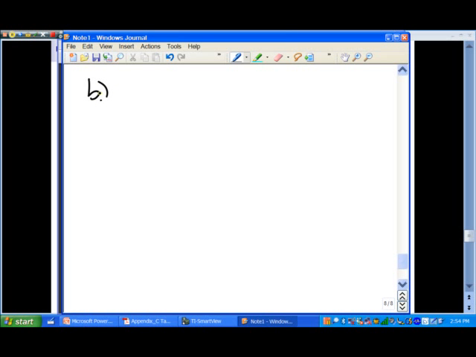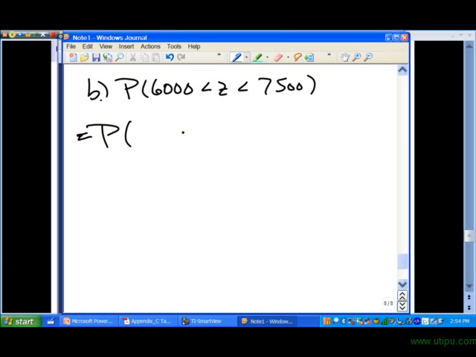For part B, we want to find the probability that we select a school at random and its enrollment is between 6,000 and 7,500. All right, so same procedure here. First, we want to convert this to a z-score. So we want the probability that our standard normal, excuse me, you know what, this notation here for our initial problem should be in terms of our normal random variable x, pardon me.